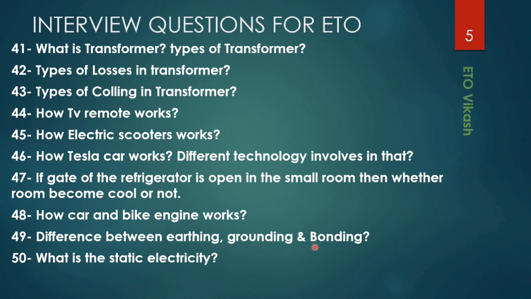And bonding is used in ships. Suppose there is any pipeline, a hot water pipeline or oil pipeline. In this, not one single pipe is there; multiple pipes are connected. At the connection point they use a rubber material insulator, so they connect both pipes by one wire so that they do not get isolated from each other.